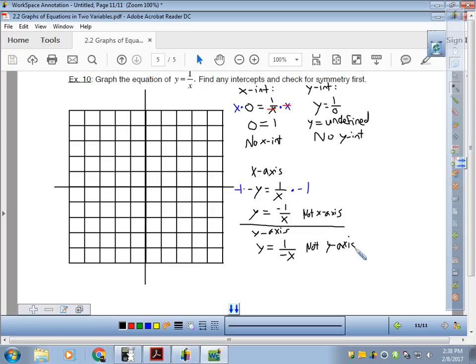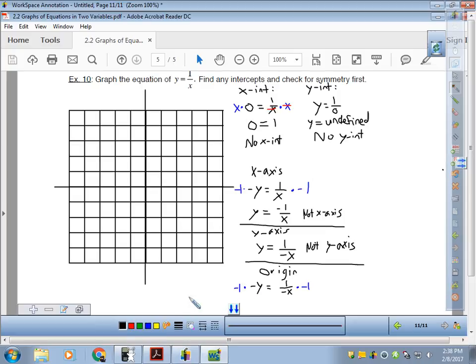So the last type of symmetry that we can check is origin. So for origin, we replace the x with a negative x, and we replace the y with a negative y. So we'll have negative y equals 1 over negative x. Then we would want to solve for y, so we want to multiply both sides by a negative 1.